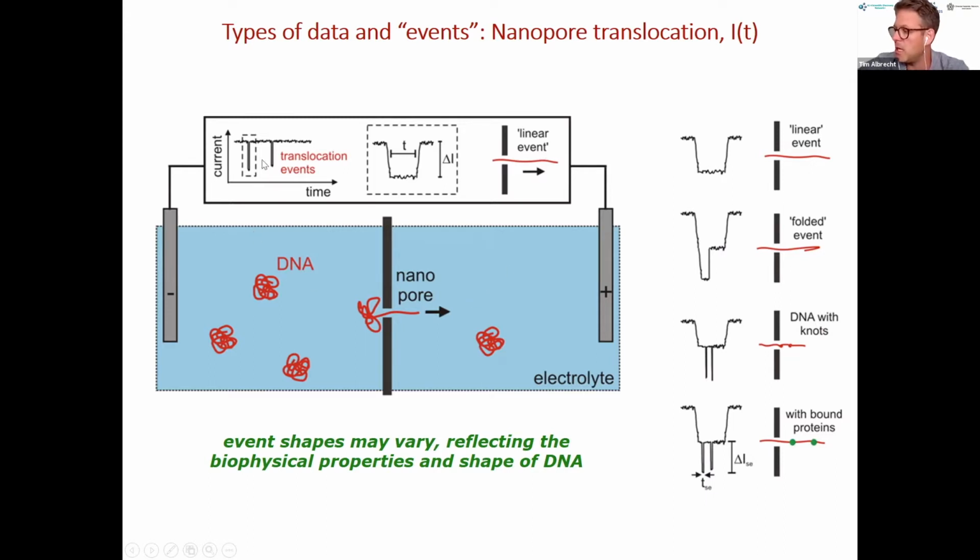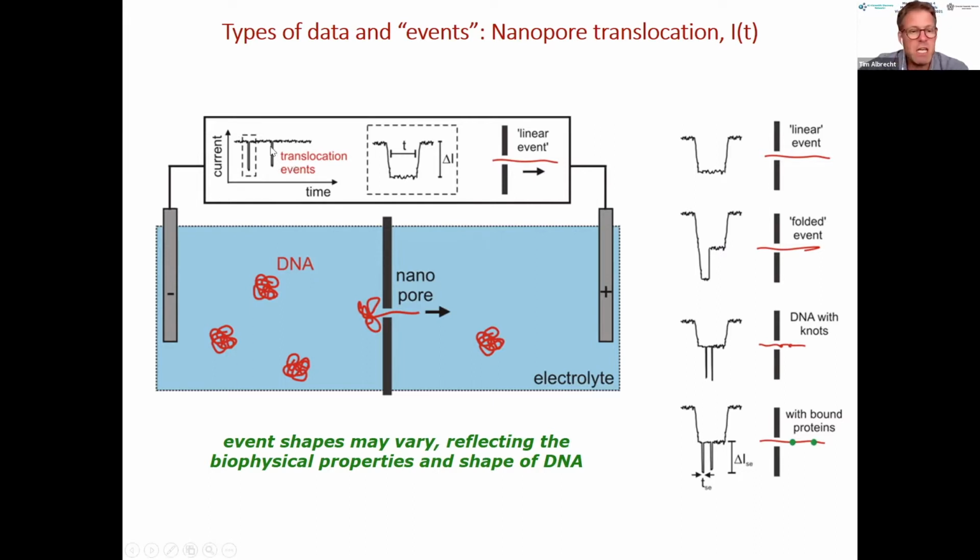Typically, we'd record a current signal as a function of time. If there's no DNA in the pore, we just see what we call open pore current. And then as individual pieces of DNA translocate through the pore, we see individual dips, one here, one there. And again, these are single molecule events, typically in the way we perform these experiments.